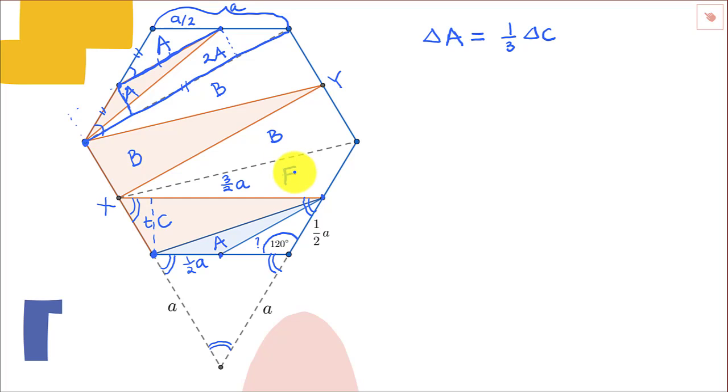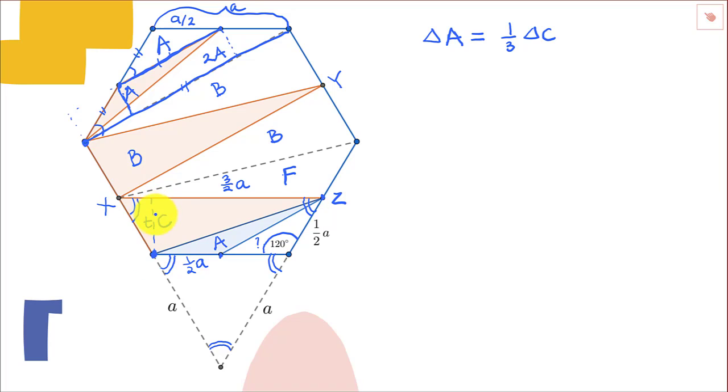We can think of F as a triangle with the base XZ, right? Consider F as a triangle with base XZ, but XZ is also the base of triangle C.